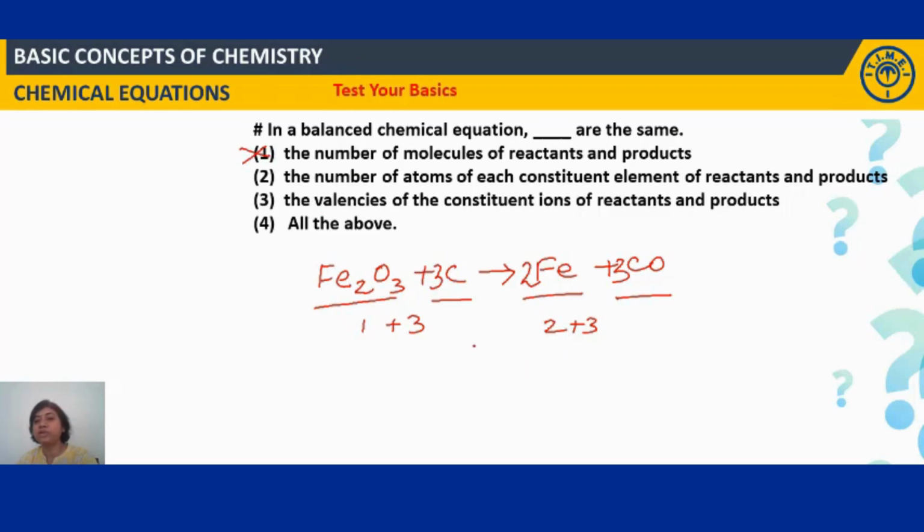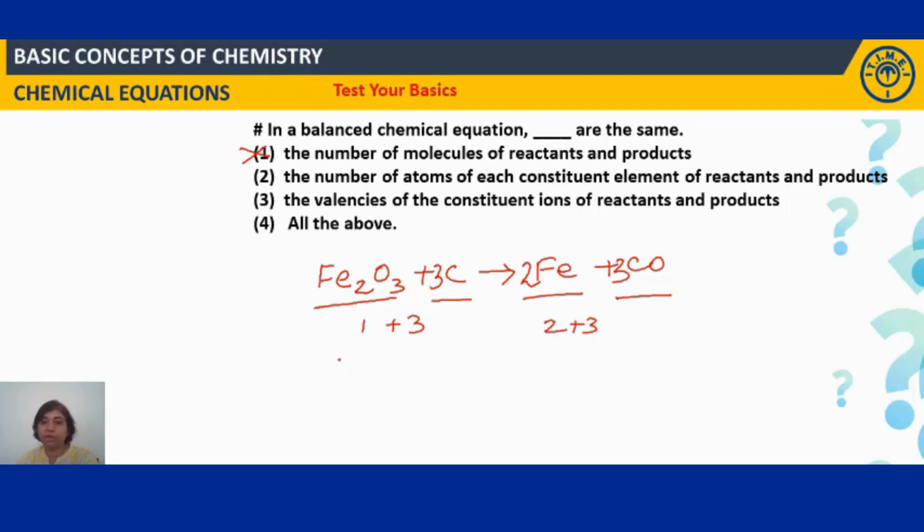The number of atoms of each constituent element: according to the law of conservation of mass, the total mass of the reactants has to be equal to the total mass of the products. That is the reason we are balancing the chemical equation, so that the number of atoms of each constituent element becomes the same on the right hand side and the left hand side, in the product and in the reactant. Then only this will follow the law of conservation of mass.